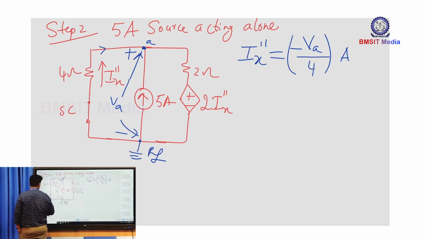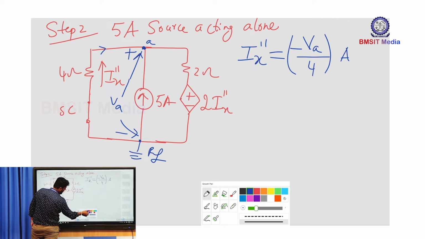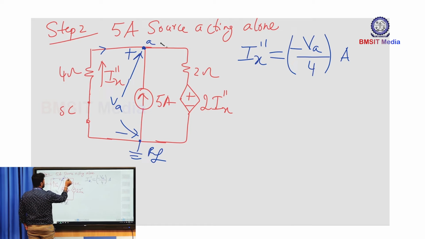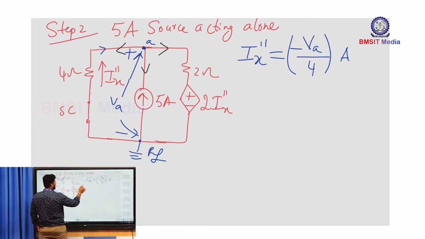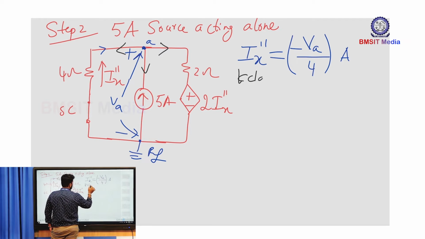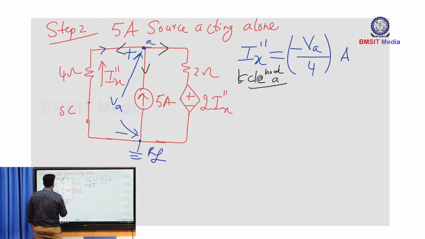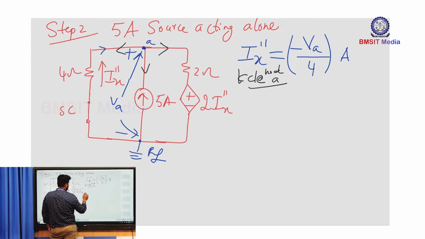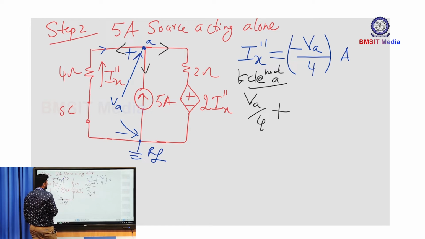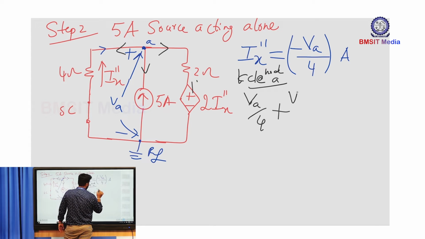So first let us find the VA value. To find VA, apply KCL at node A, with all leaving currents. The leaving current in the 4 ohm resistance branch is VA divided by 4, plus the leaving current in the 2 ohm branch, where the rise in potential is VA.